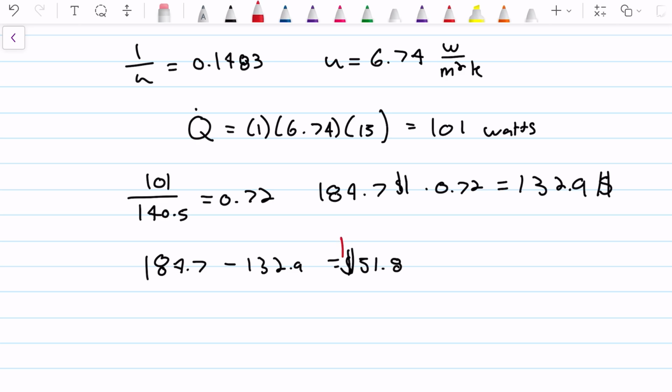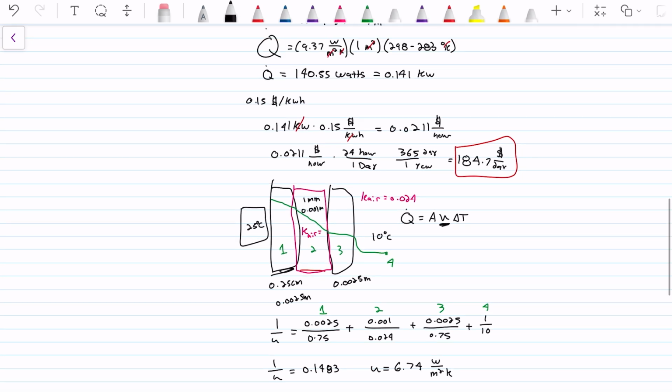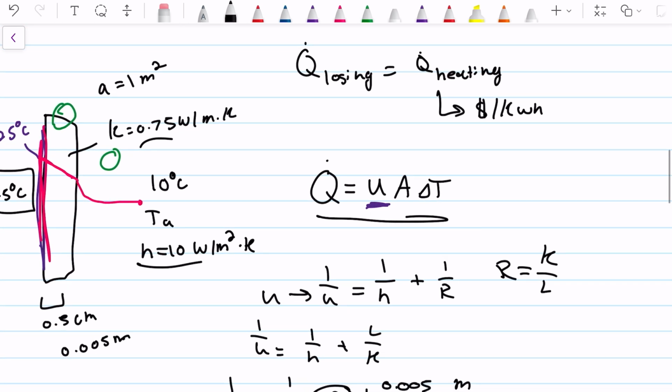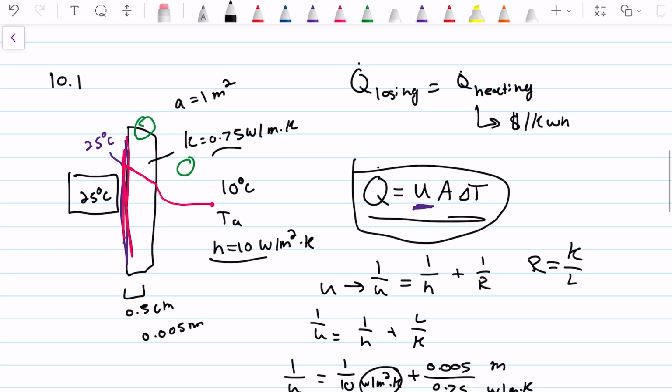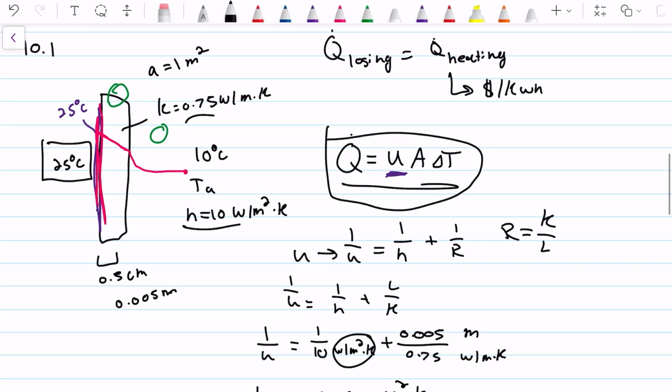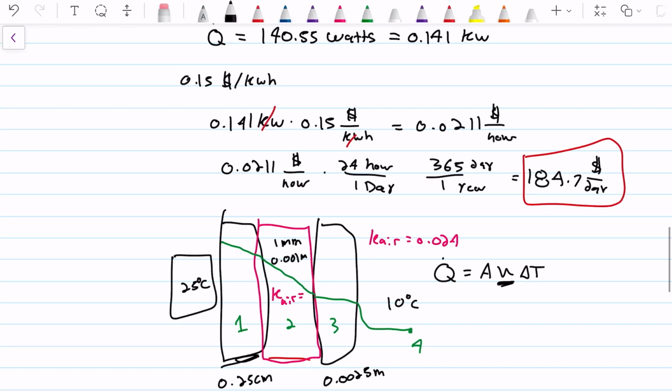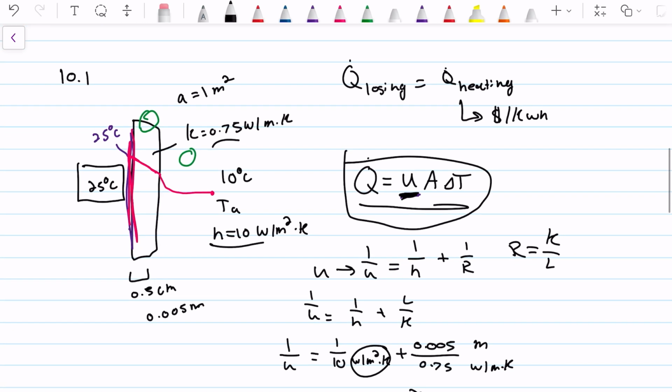So that would be how much we save for the double pane system. For this problem, the gist was we use Fourier's law to calculate the heat lost across this planar surface, then calculate the overall heat transfer coefficient, and then multiply that by the temperature drop. So that's problem 10.1 from the book.